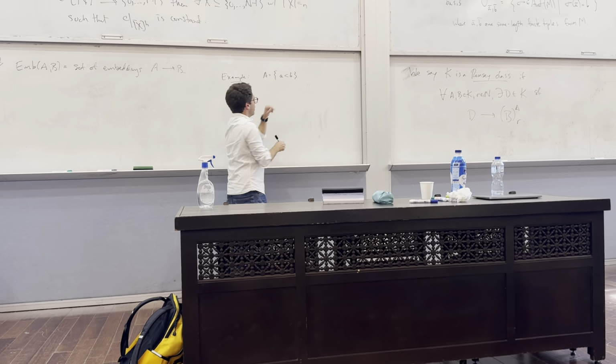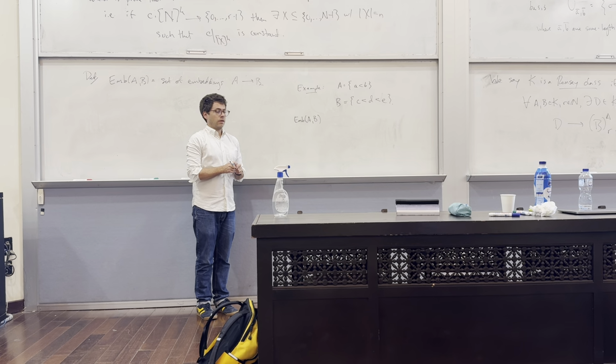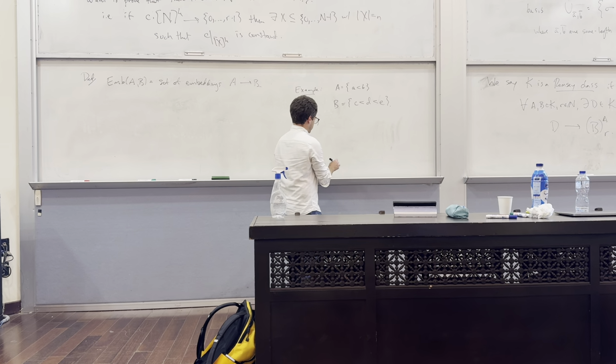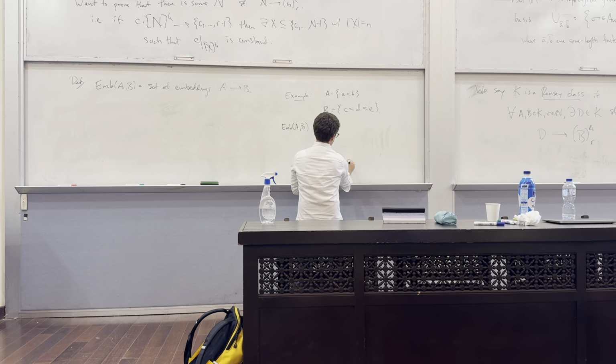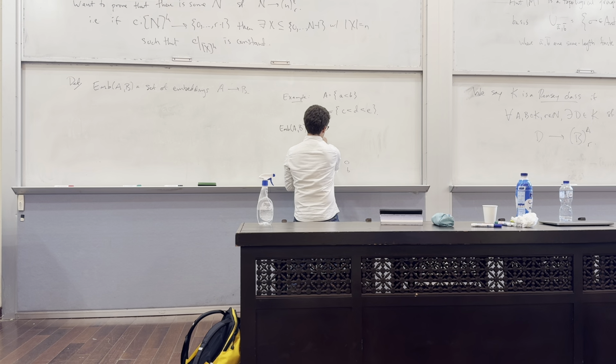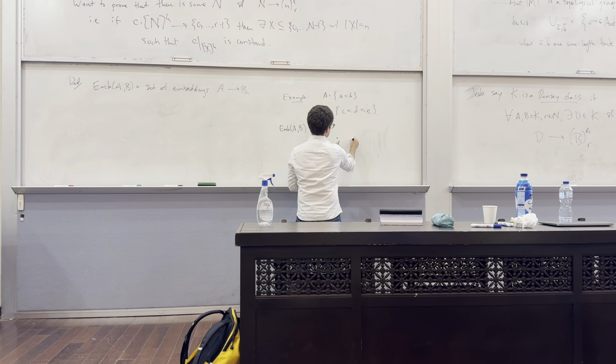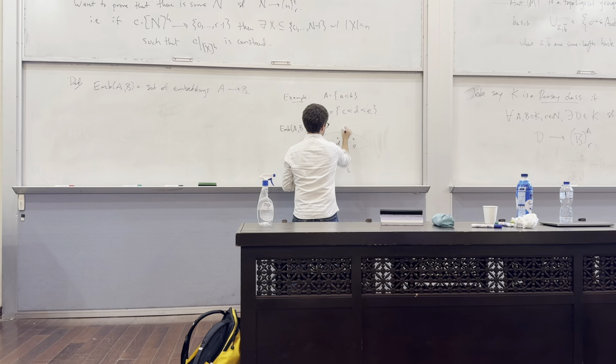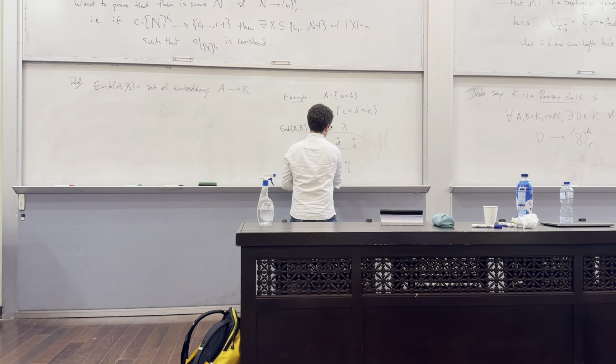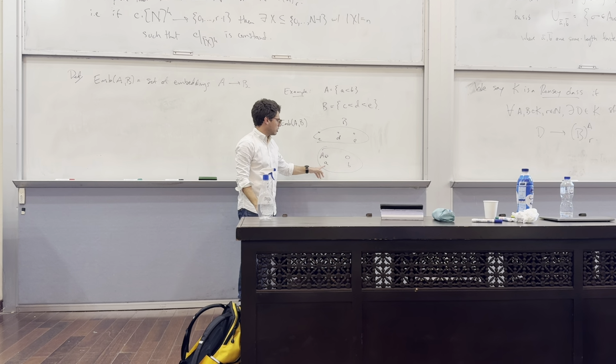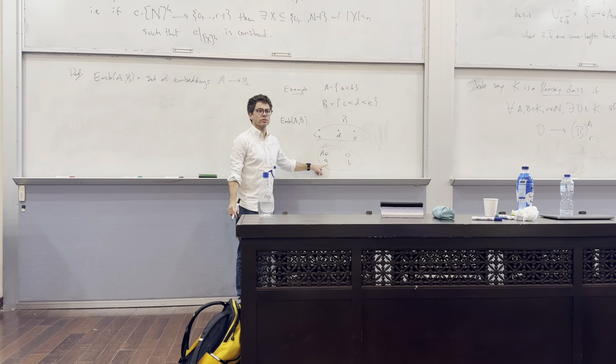How many elements does it have? 3. Why? a goes to c and b goes to d. Yeah, so I can draw the picture here. I've got a and b, and then I've got c, d, and e. Now I have to ask how many choices do I have for where a goes? 2.